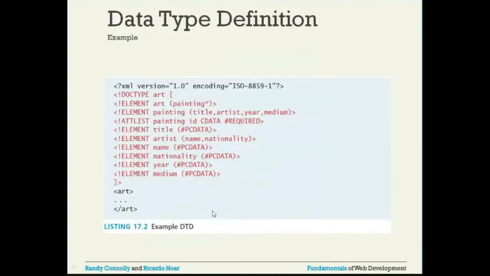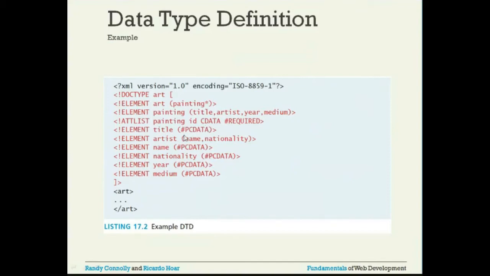This is an example of a DTD, XML version 1.0, same encoding. And this is the document type. This is the beginning, art, and inside the art we have the element painting, and inside the painting we have title, artist, year, medium, and this painting ID, CDATA, is required, so we have to give the ID for that.